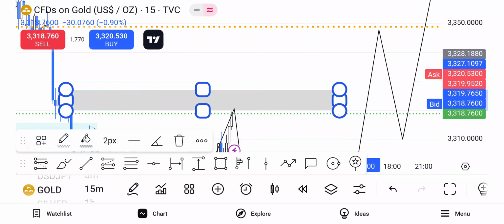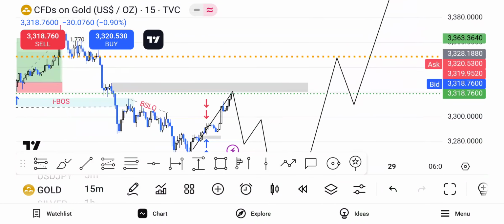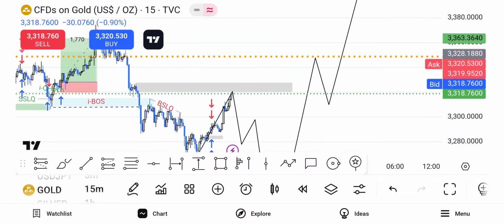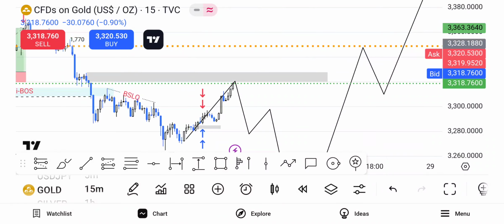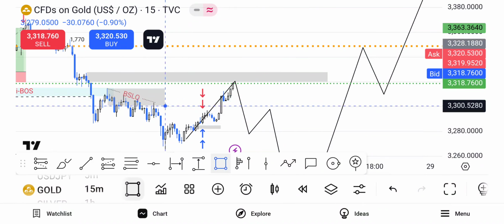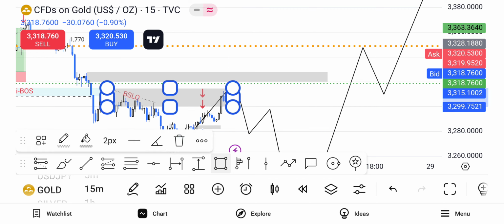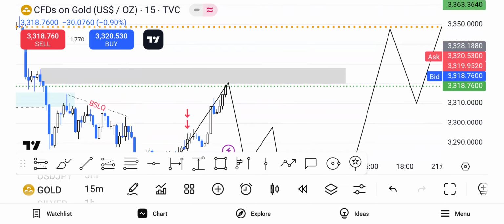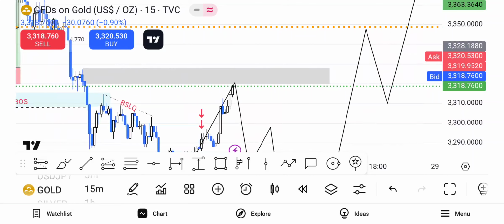And I'm pretty sure that this is a high probability setup, because the sweep, where did the sweep happen? The sweep happened on this area. This is where the sweep happened. So the sweep already happened, price broke a structure, and it is hitting the support zone.